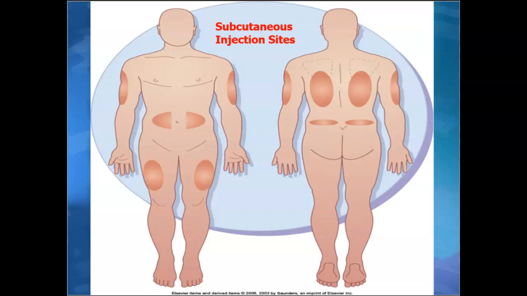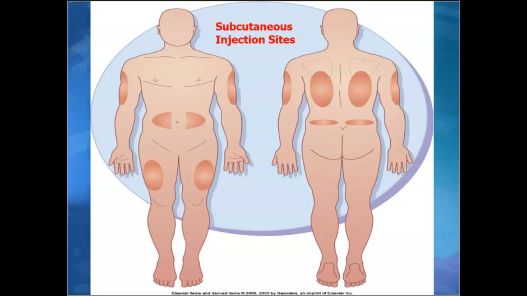Okay, here's a picture of the various sites that may be used for subcutaneous injections, including the outer aspect of the upper arm, the abdomen, from below the costal margin to the iliac crest. You can use the anterior aspects of the thigh. You can use the upper back, the upper ventral area, the upper dorsal gluteal area.